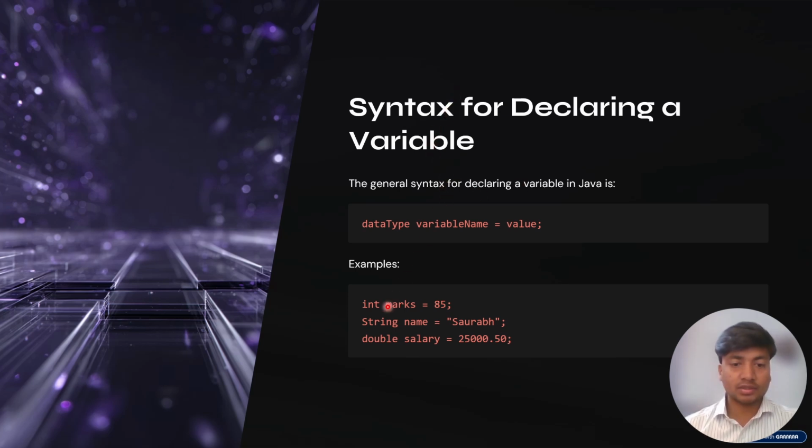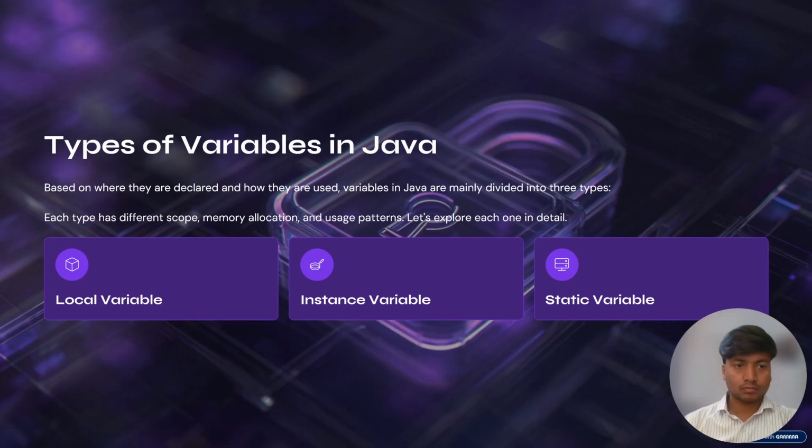For example, let us take one example: int marks = 85. Here int means integer, marks is the variable name, and 85 is the value. Here you see String name = Saurabh. String means you have to take a string or text value. Double is mainly used for decimal values. Let us continue from next.